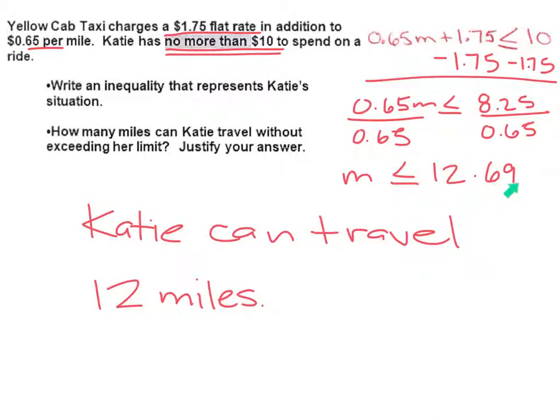If you round up to 13 and you substitute 13 for M, you're going to find out that that's going to end up greater than 10. So we end up rounding down. This is the type of question where you need to pay attention to the context of the situation. In this case, rather than we round up, we actually round it down so that Katie does not go over her $10 limit.